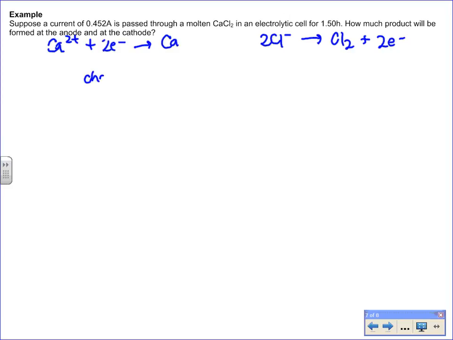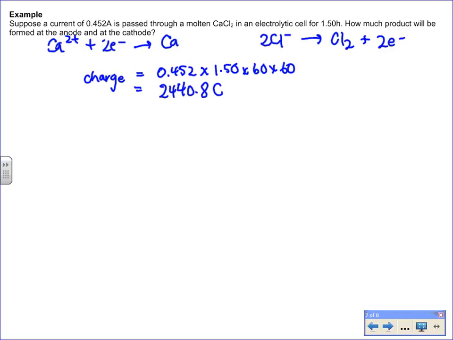We can figure out the charge by taking the current, which is 0.452, and multiplying it by the time in seconds. So we've got 1.5 hours times 60 to convert that to seconds. So we've got 2440 coulombs of charge.